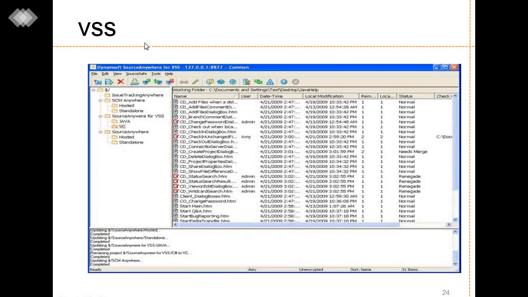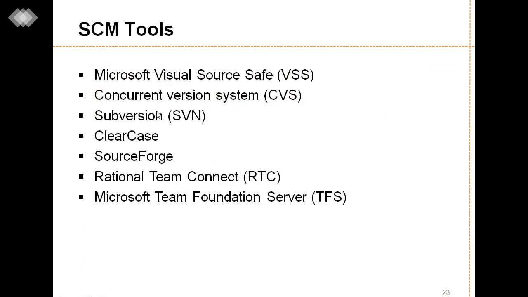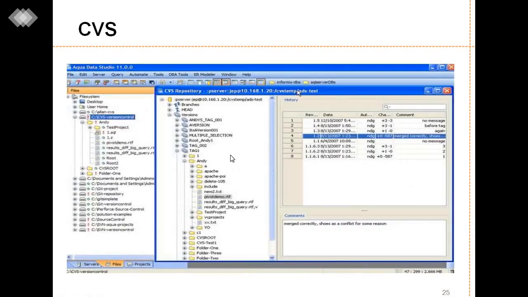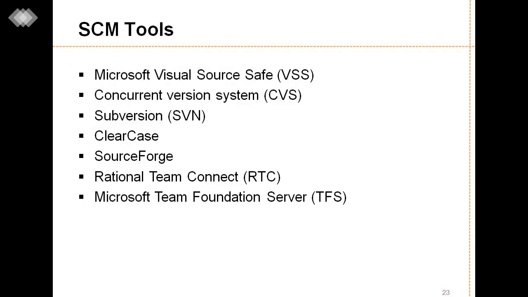Here is VSS. VSS stands for Visual Source Safe, that is Microsoft Visual Source Safe, which tool looks like this. Next is the CVS, where CVS stands for Concurrent Version System.